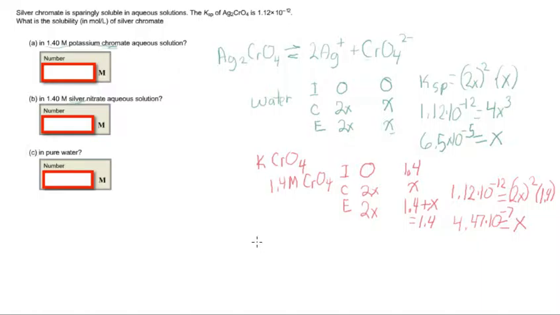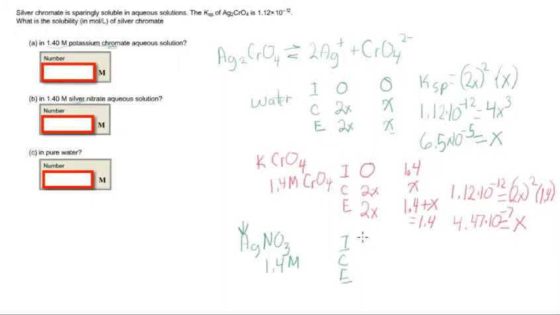Okay? And when I take the silver nitrate, so when I have silver nitrate, I'm adding silver, and that's going to be 1.4 molar silver to my ice table.